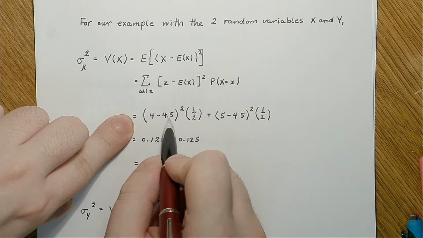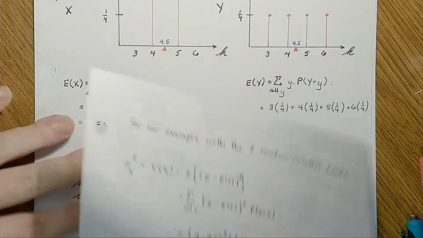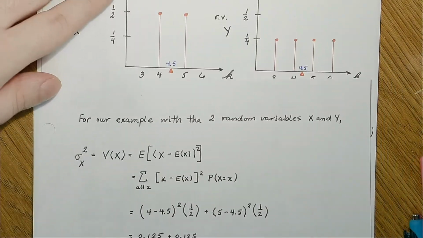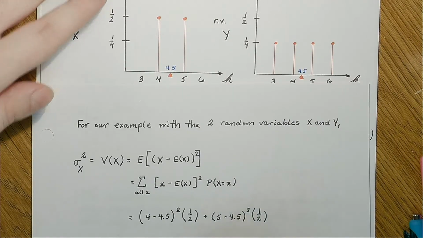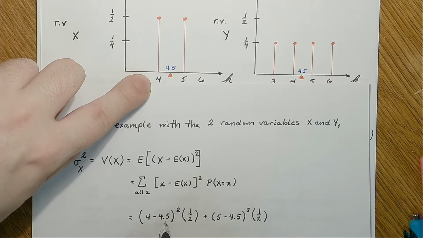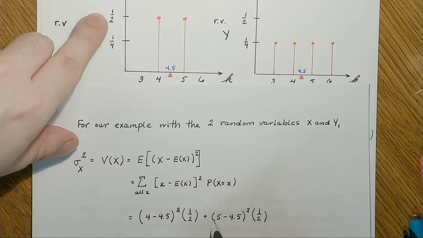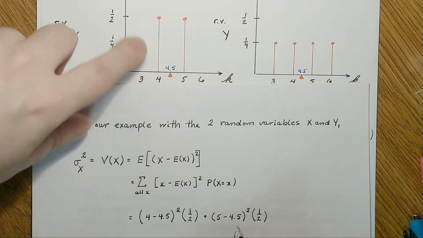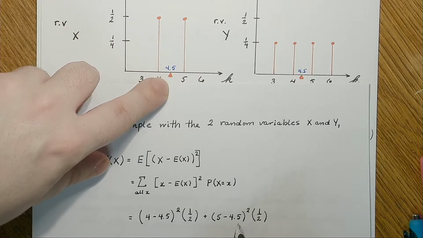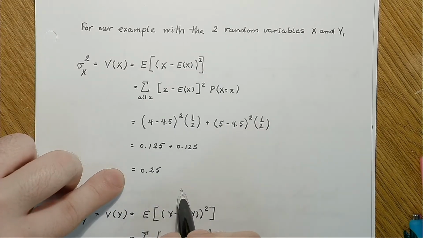So again, here are my values. For this one, I have 4, that's my value, minus the expected value squared, multiplied by its probability, plus 5 minus the expected value squared times its probability. And if you calculate that, you get 1/4.